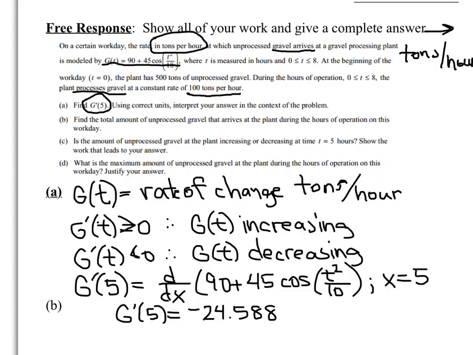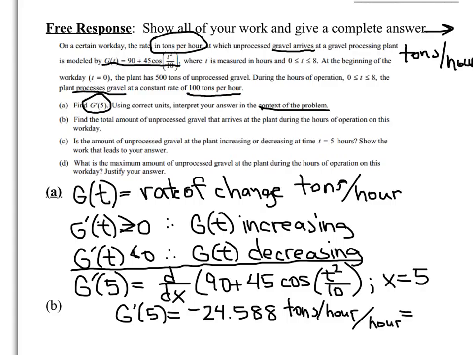So since this number is negative, then we can say that my original function is decreasing. Now, what was the original function as far as context of the problem? That was my rate of change. So therefore, the rate of change is decreasing. Now, what would be the units? Since g of t is tons per hour, we're finding the derivative of that. So we're going tons per hour over hour, because you're finding the slope.